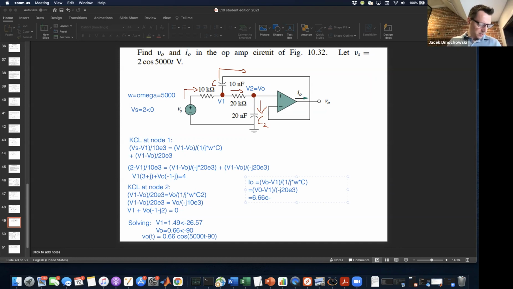So this becomes 6.66 times 10 to the negative 5 with an angle of minus 90. And so I naught of t becomes 66.67 sine 5,000t microamps. This is a microamp.